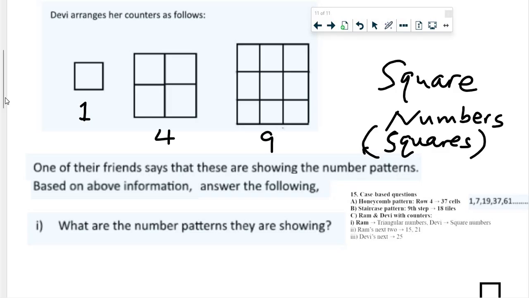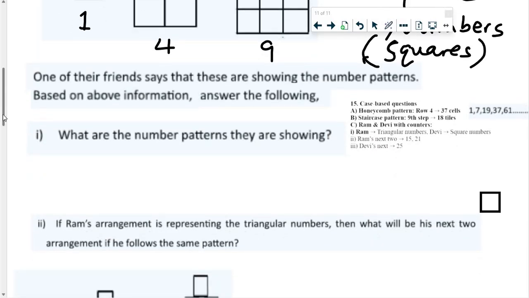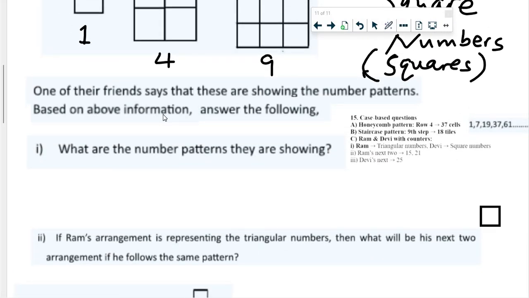Right? So now let us see the questions. One of their friends says that these are showing the number patterns. Based on the above information, answer the following questions. The first question, what are the number patterns they are showing?